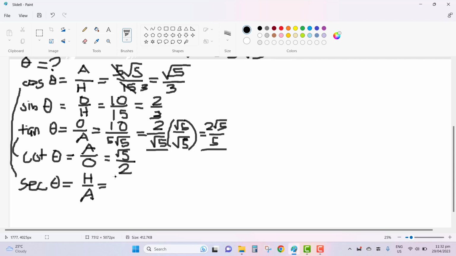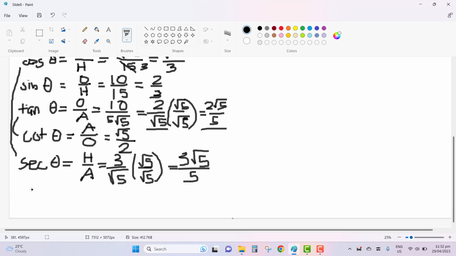You will get a result of 3 over square root of 5. That's the reciprocal of cosine. But notice again, we are going to rationalize here. So we multiply the numerator and denominator by the same expression, square root of 5, so that this is just 1. So you will have 3 square root of 5 over square root of 25, which is just 5.